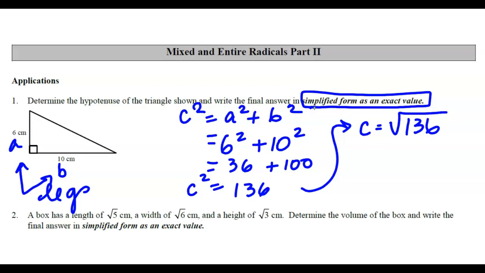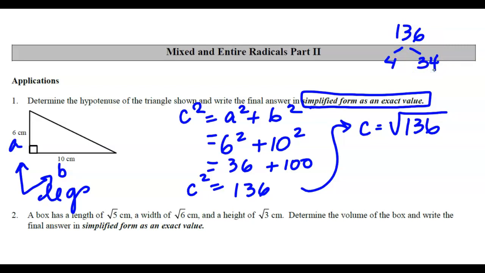So remember yesterday, we decided, okay, 136, either you used prime factorization or you figured out a perfect square that's a factor of 136. So I noticed that that's even. I'm going to just show some work and see 4 goes into it. So that goes in 34 times.